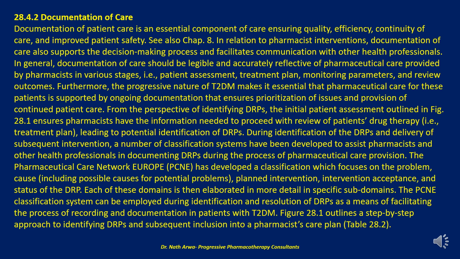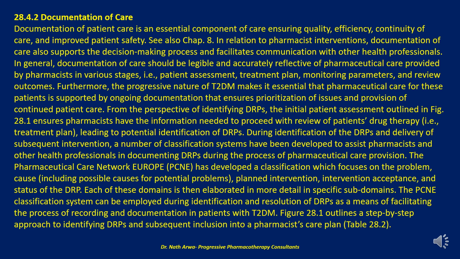During identification of the drug-related problems and delivery of subsequent intervention, a number of classification systems have been developed to assist pharmacists and other health professionals in documenting drug-related problems during the process of pharmaceutical care provision.